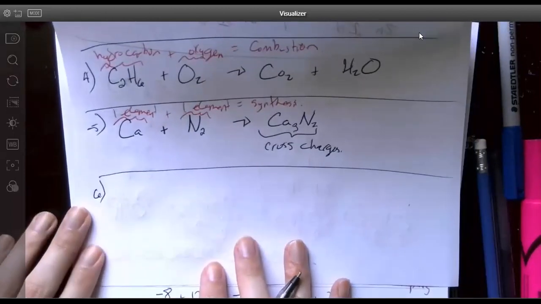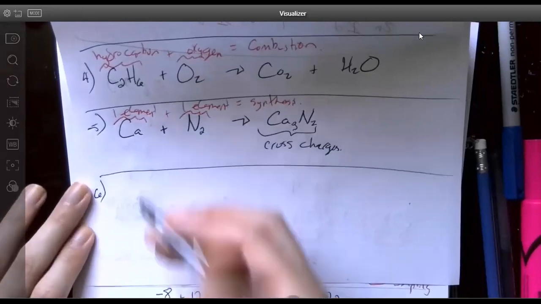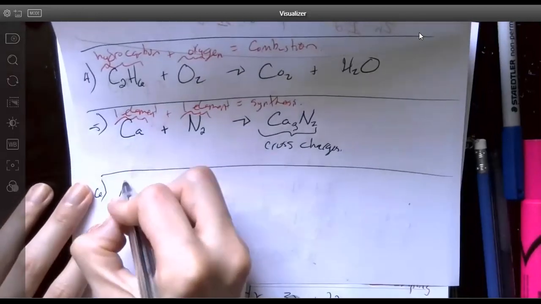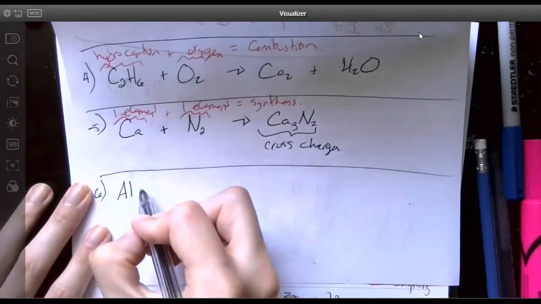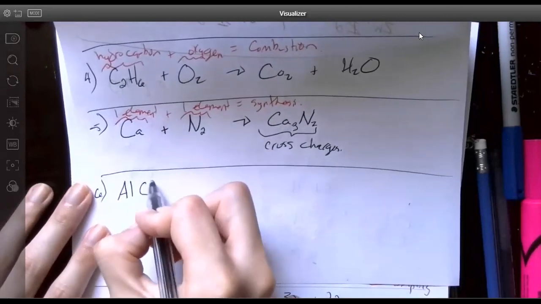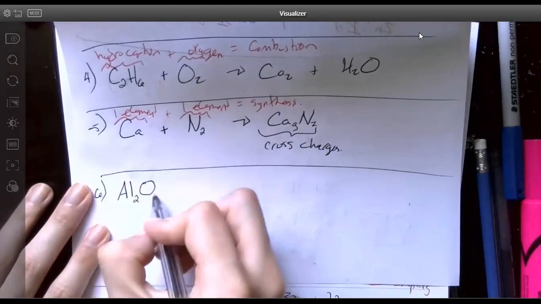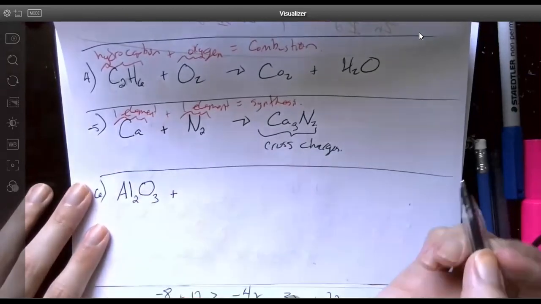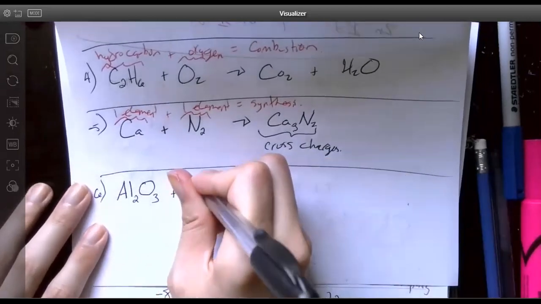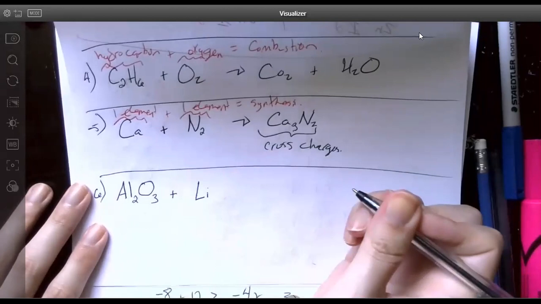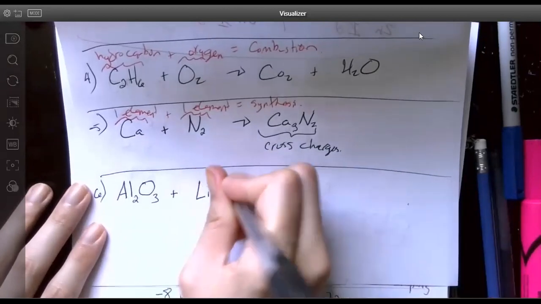Number 6. Let's do aluminum oxide. So that is Al2O3. And I'm going to react it with lithium chloride.